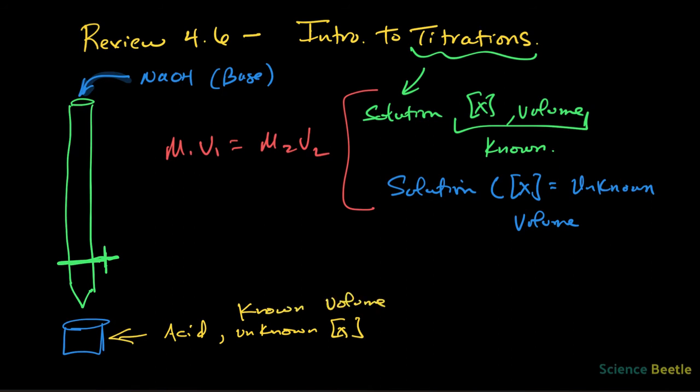When you add the base to the burette, you'll dispense it down into the beaker, which has a little bit of acid, so let's put that as red. At the bottom you're going to add drops of base into that solution, and you're going to wind up titrating so that you can get to the equivalence point.